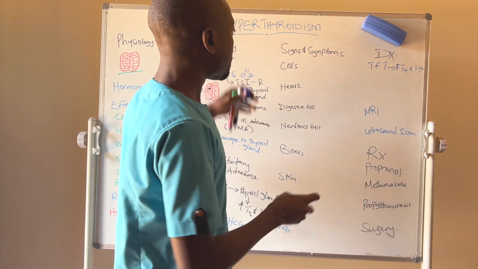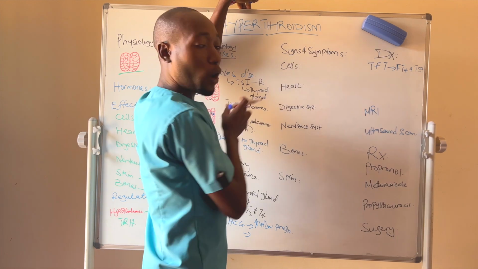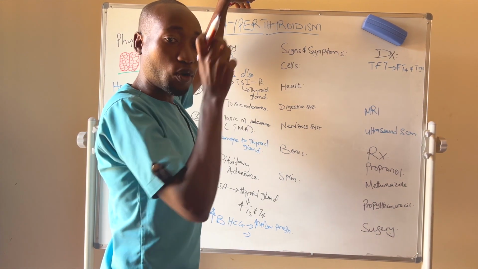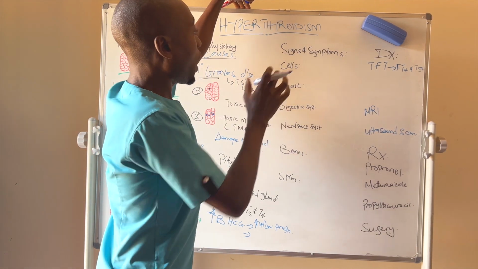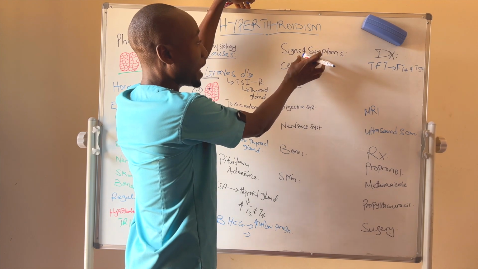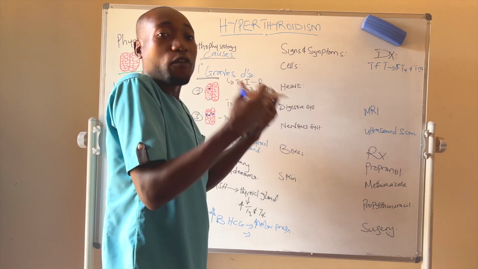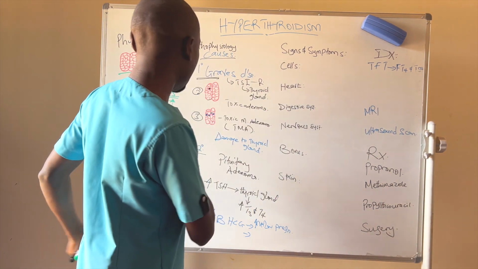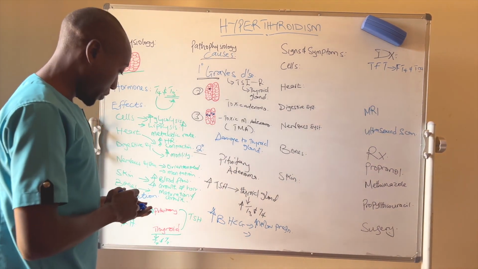Okay, so this is very important if you understood the effects of thyroid hormones. Why am I saying that? Because what will happen here is that there is going to be amplification of the effects of thyroid hormones, okay? So that is why we did a review here. So let's come back and make a comparison, okay?